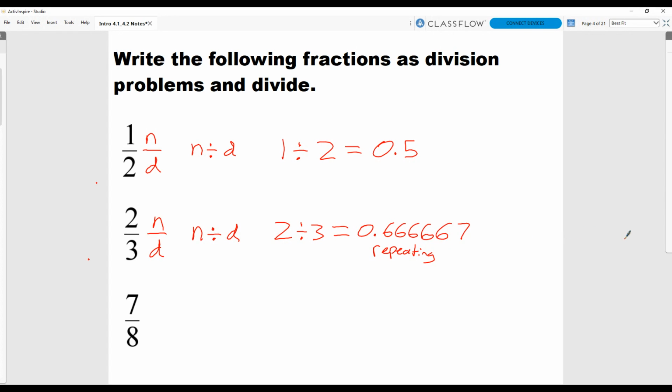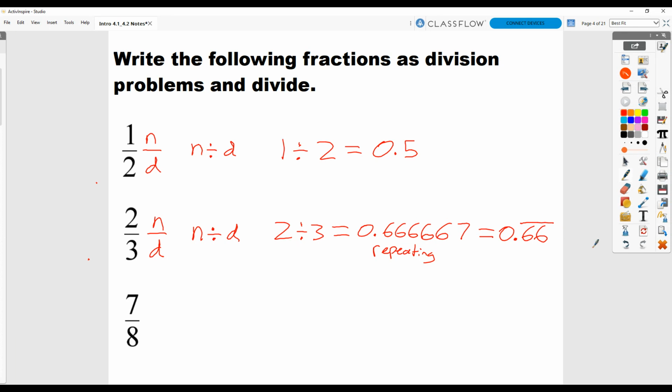Your calculator doesn't have enough room, so it rounds the last one up to a 7, but it really would just be a whole bunch of 6s. To shortcut that, we would just write 0.6 and put a line over top, and that's a math symbol that says the 6s are going to keep repeating forever. It tells us it's a repeating decimal.